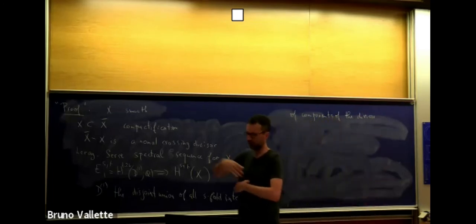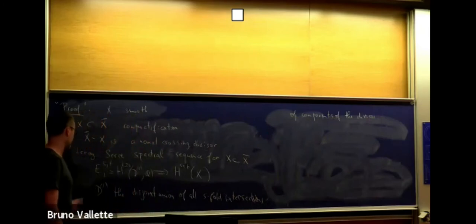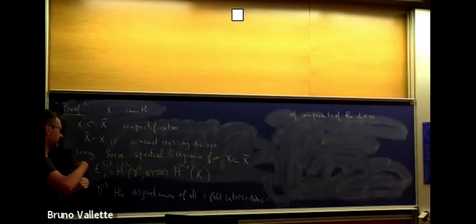My divisor is a bunch of smooth components that intersect, and D_s is like the intersections of codimension s essentially.